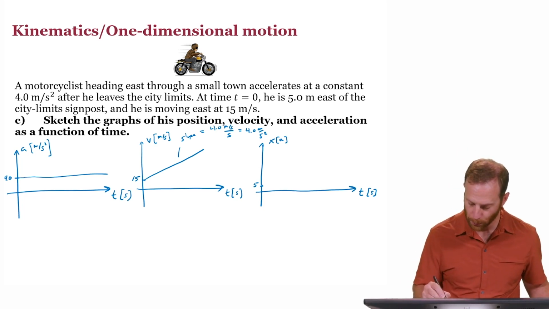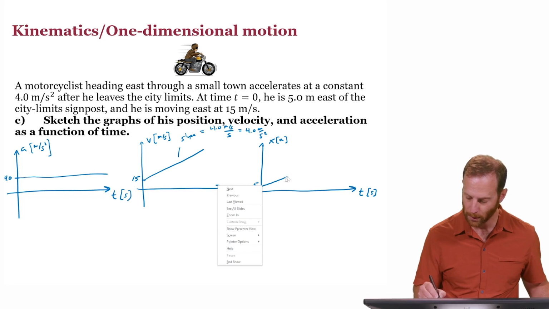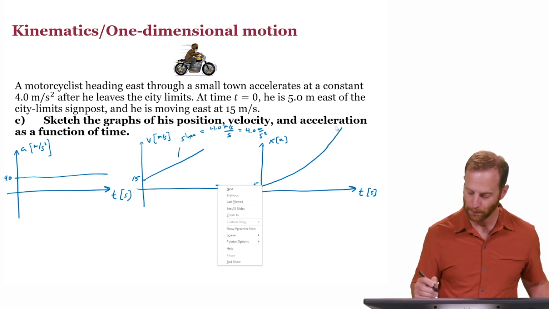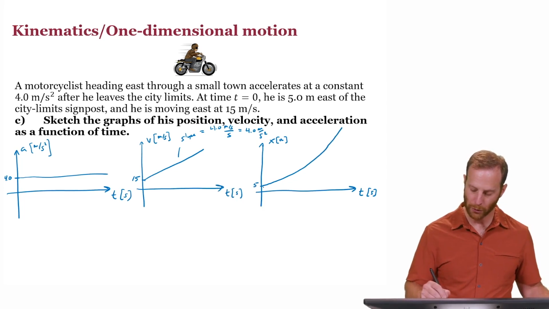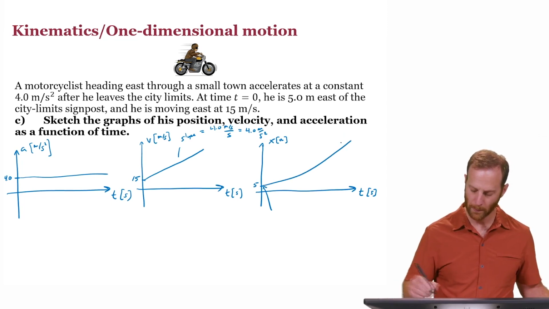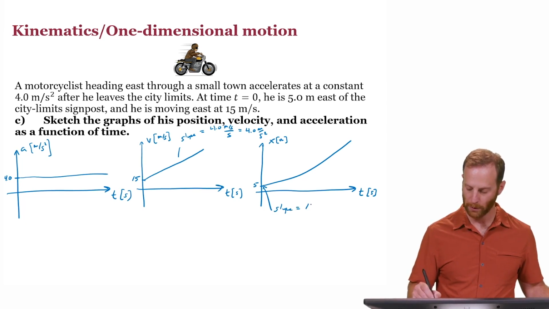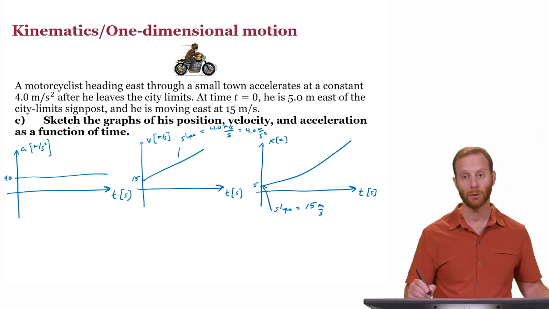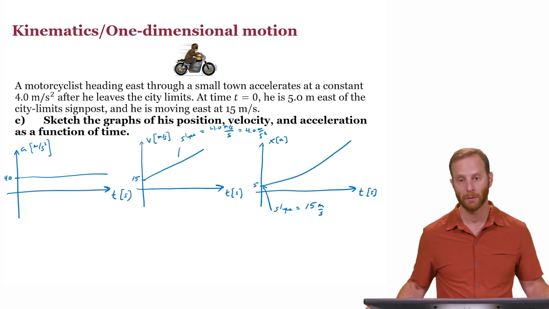So the shape of this graph should get bigger and curve upward in such a way that the slope right here at the very beginning is equal to 15 meters per second, and that slope continues to get bigger as the time evolves.